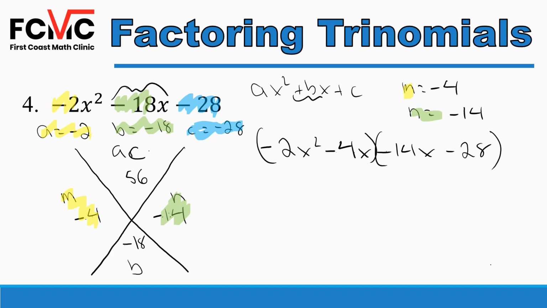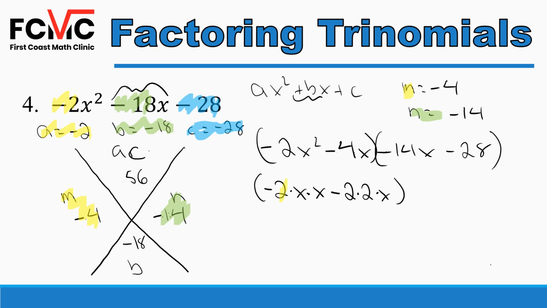All right, so we've got our pair of binomials, negative 2x squared minus 4x, and then negative 14x minus 28. So let's start with this first binomial. So I'm going to break this up. We've got maybe negative 2 times x times x minus 2 times 2 times x. So what do we have in common here that we can factor out?